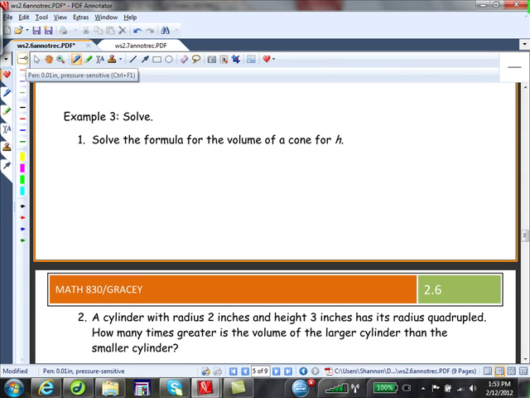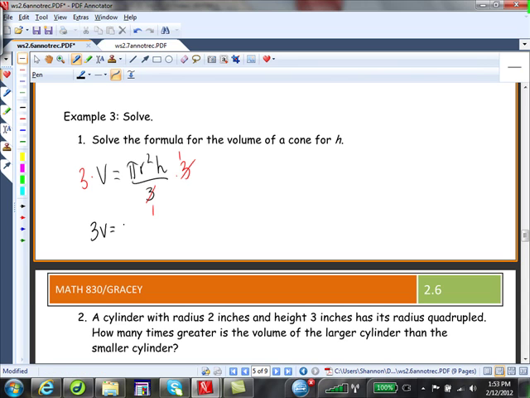Okay, let's look at these next problems. Solve the formula for the volume of a cone for h. So remember, volume for the cone was pi r squared h over 3. We want to isolate h. So if I multiply both sides by 3, I'll get 3v is pi r squared times h.